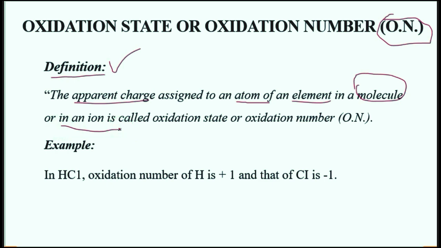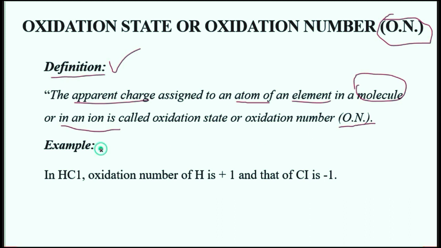The apparent charge assigned to an atom of an element in a molecule or in an ion is called oxidation state or oxidation number. As I have already mentioned, oxidation number is denoted by ON.